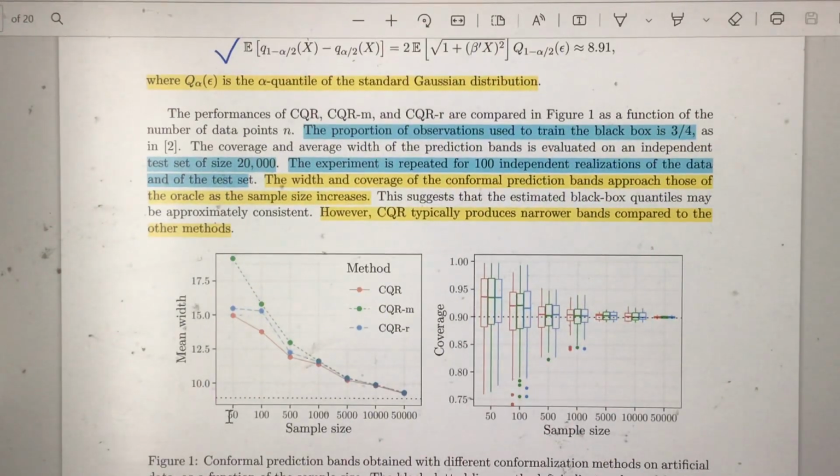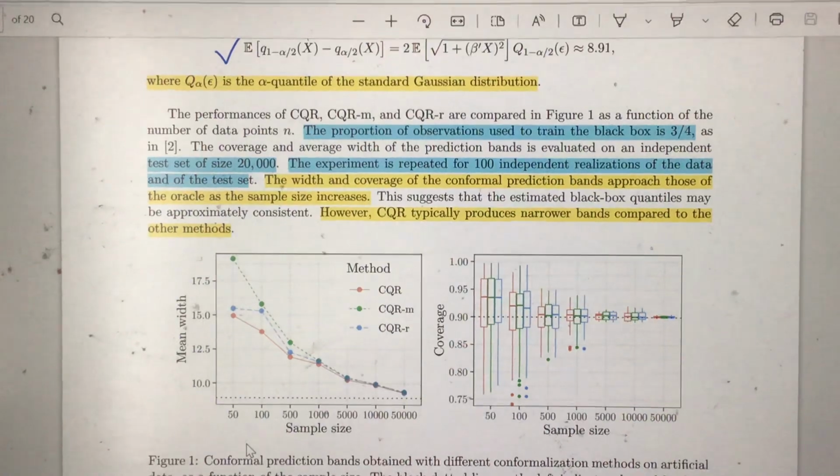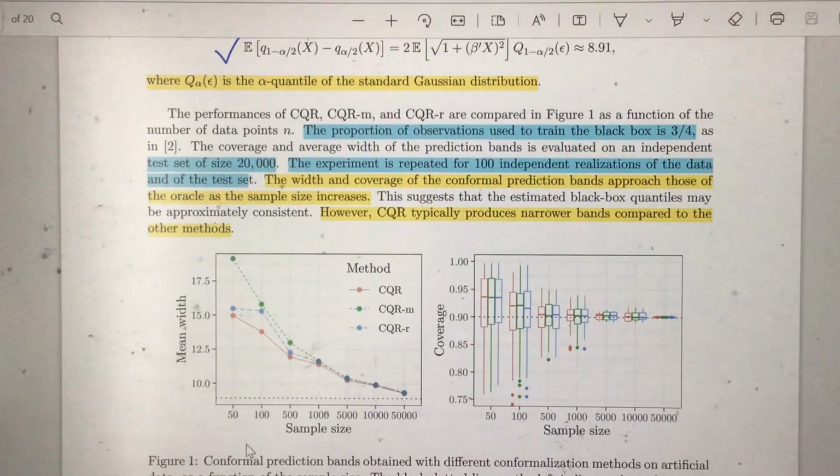The sample size goes from 50 to 50,000, and as the sample size becomes larger, the average length gets nearer to 8.91.